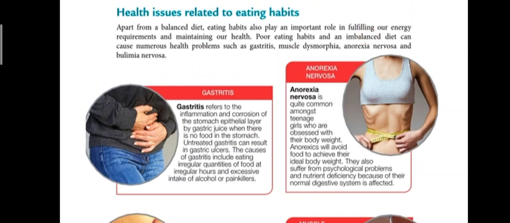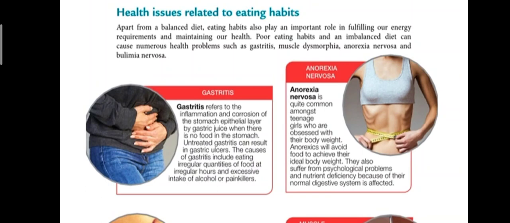So, ini adalah berlaku banyak dalam teenage girl yang obsessed in their body weight. Okay, so maksudnya anorexic ini will avoid food to achieve their ideal body weight. Mereka suka untuk kurus-kurus, slim-slim kan. So dia akan avoid food, tidak mau makan.